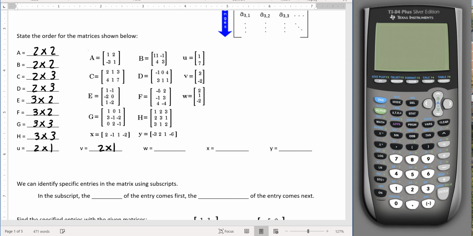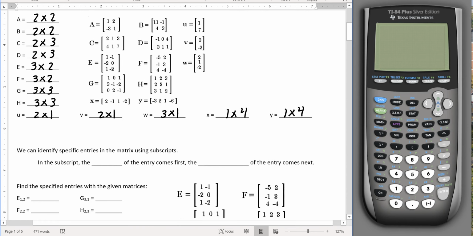Looking at W, this has 3 rows and 1 column, so this would be 3 by 1. X has 1 row but 4 columns, so this would be 1 by 4. And Y is also 1 by 4. And that's order. Order is really just the dimensions of the matrix.